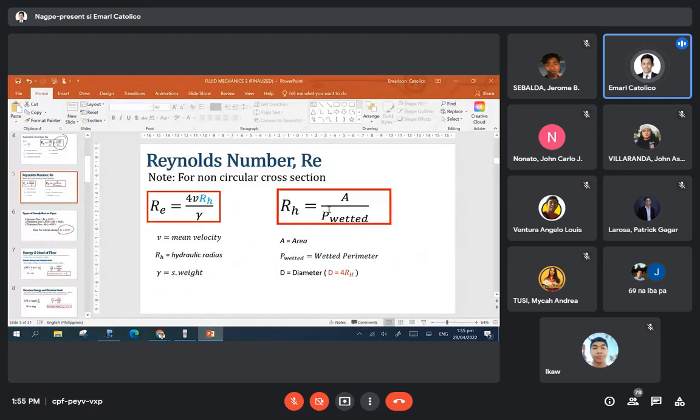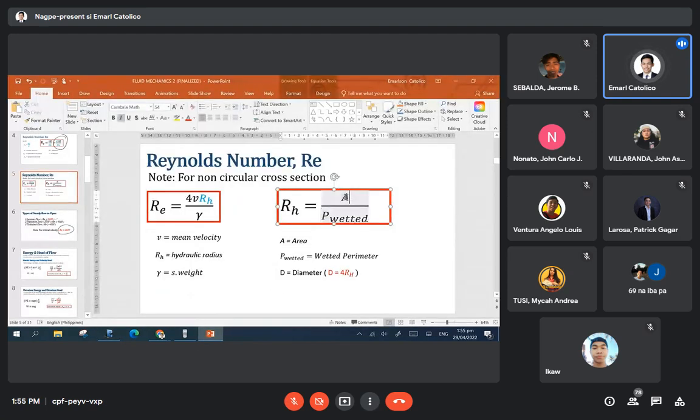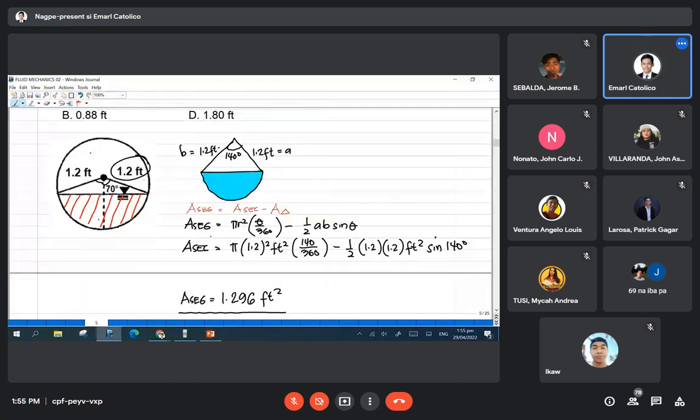Then ano pa bang kailangan dito? So nakuha na natin yung area. Kailangan natin is yung wetted perimeter. So based dito sa ating free body diagram, yung wetted perimeter or yung perimeter na nababasa ng fluid is ito. So mula dito hanggang dito, yan yung ating arc, length of arc.